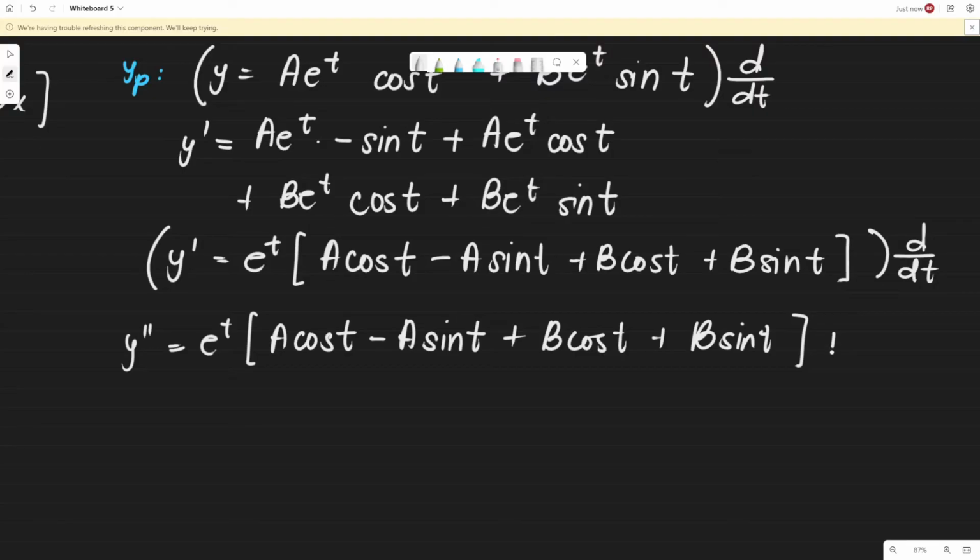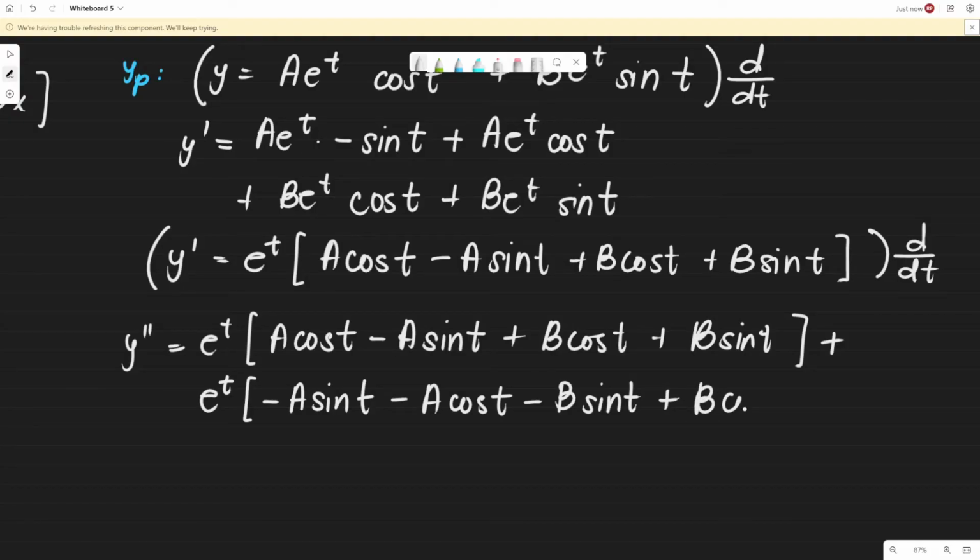Okay? Then plus e raised to t, ito naman buo yung kukunan mo ng derivative. So ano ba derivative nito? So we have negative a sin t, minus a cos t, minus b sin t, plus b cos t.